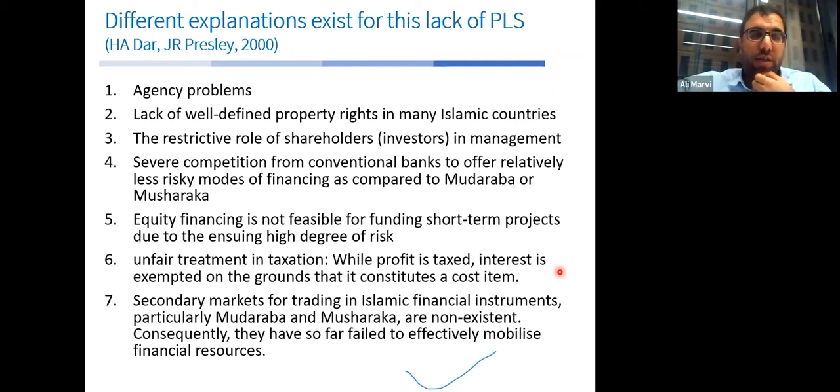And PLS contracts make this function difficult for banks to perform. And number 6 says that we have unfair treatment in taxation, actually.